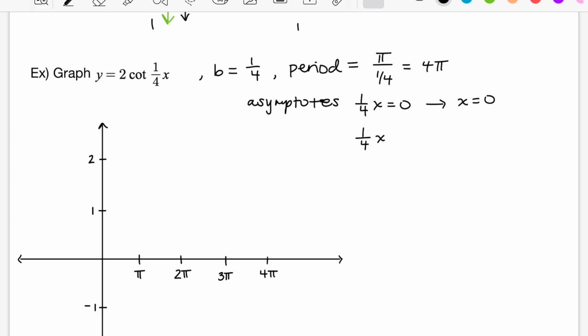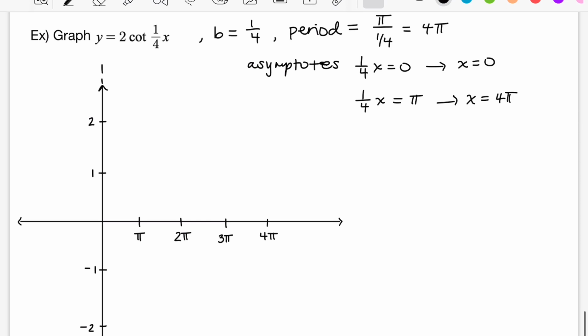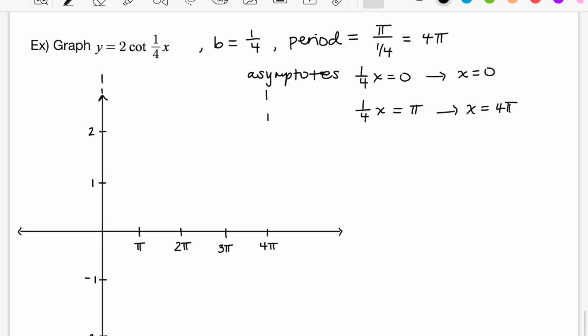And then setting our bx equal to pi here, we'll get that x is equal to 4 pi. So this tells us our vertical asymptotes are going to occur on the y-axis here, when x is equal to 0, and when x is equal to 4 pi. Now dividing this interval into 4 equal parts, we get these points here. And so we'll evaluate our function at those points.